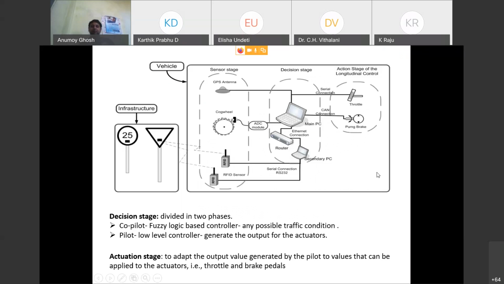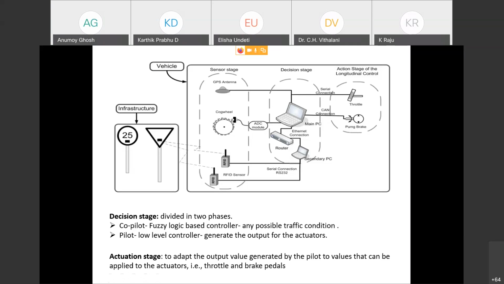Keep this in mind that the comparator acts in a dynamic way. That is why you don't use an op-amp comparator like the one we use in BTech. That is why the decision stage is given by a fuzzy logic based controller. It is not an op-amp, it is a kind of controller which can dynamically set the voltage value according to the speed level.